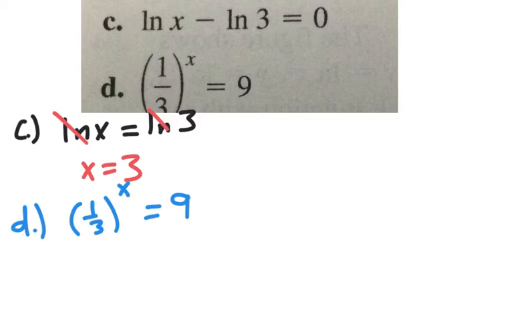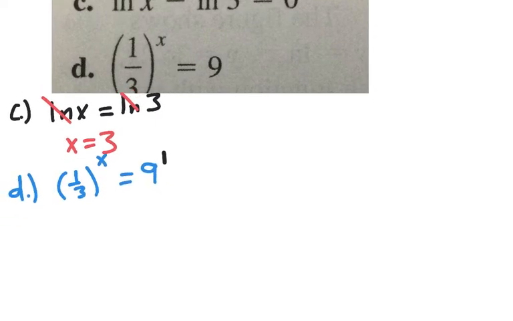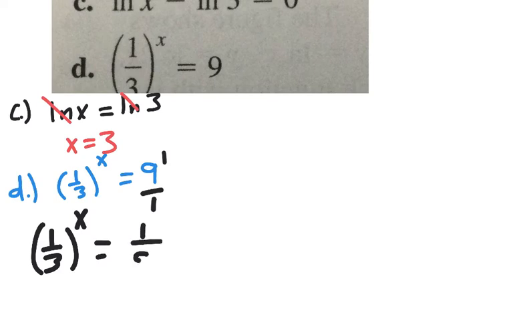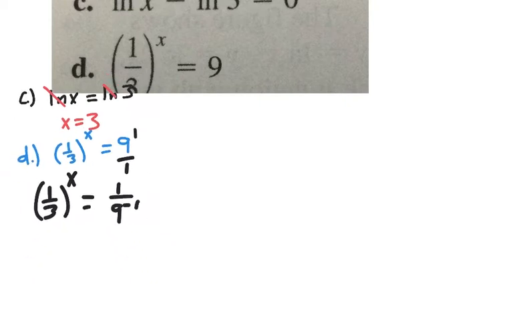I would try to rewrite 9 with a base of 1/3. So can I rewrite 9 to look like 1/3? Yes. How? If I move 9 to the denominator, what happens? The exponent becomes negative, right, when I move it down. And then what is 9? Can I rewrite 9 in terms of 3?